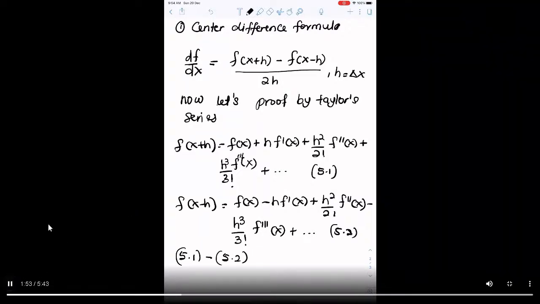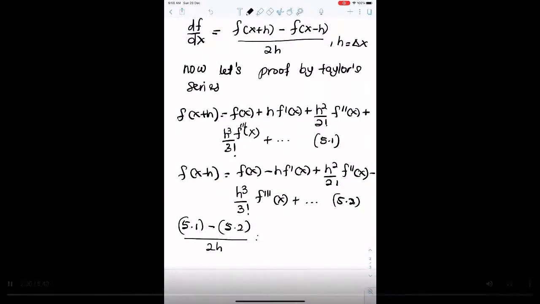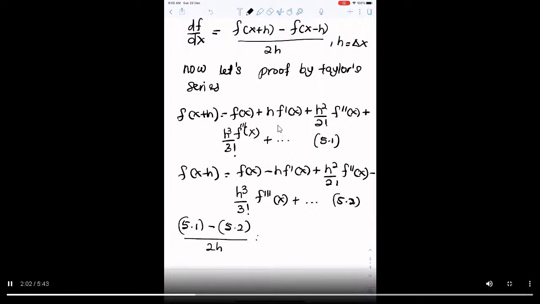So the approximation, if you do 5.1 minus 5.2, you will get 2h f'(x). Am I right? All the even terms are 0, the odd terms exist: 2h f'(x) plus 2h power 3 divided by 3 factorial f'''(x).